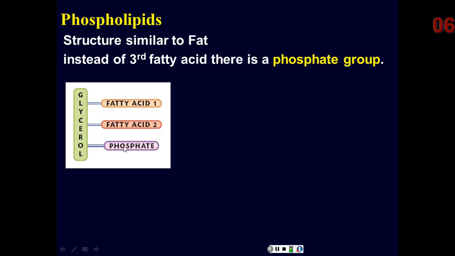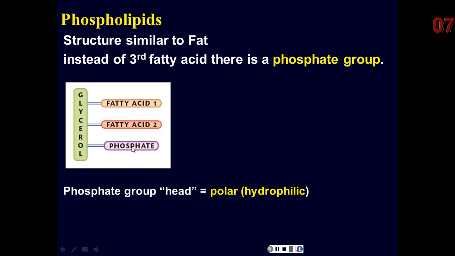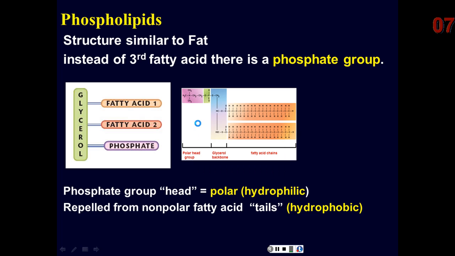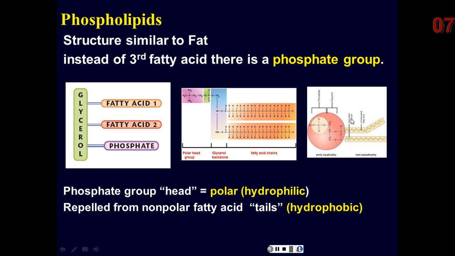Okay? Prior to adding the phosphate group, if that had been a molecule of fat or oil, it would have been hydrophobic. But now that we've added this phosphate group, which actually brings a charge with it, the molecule has an area here that is hydrophilic. So when this molecule is made, it forms a structure that looks like this, where this would be my phosphate group, here's my glycerol, and here's my 2 fatty acids.